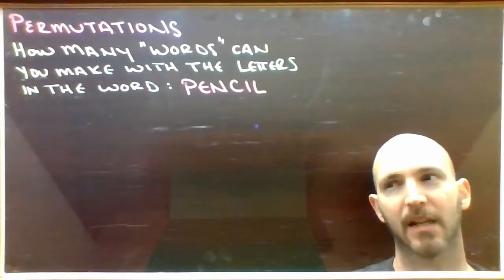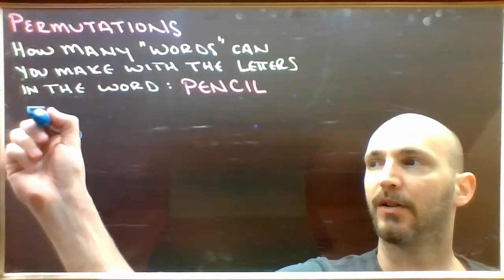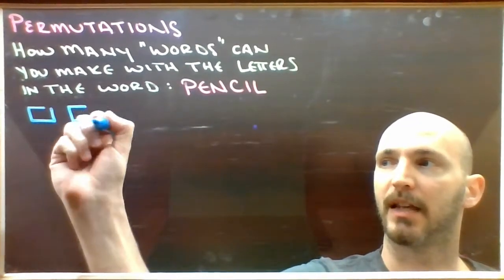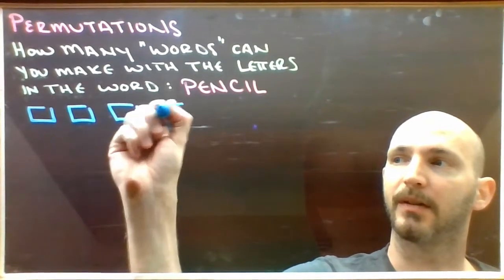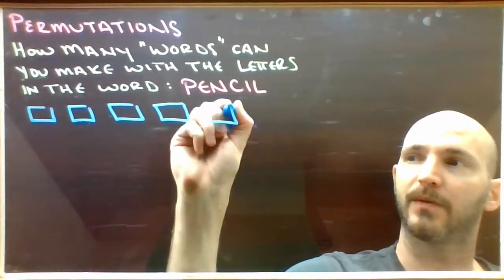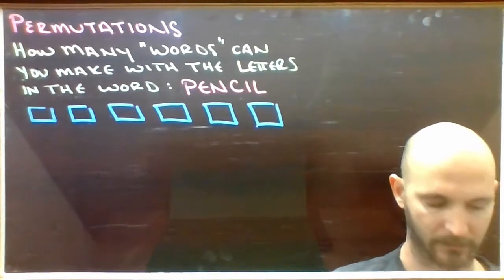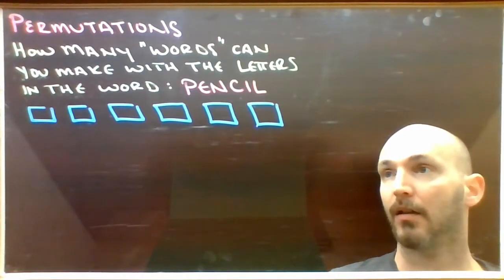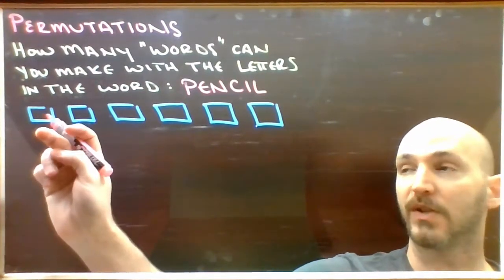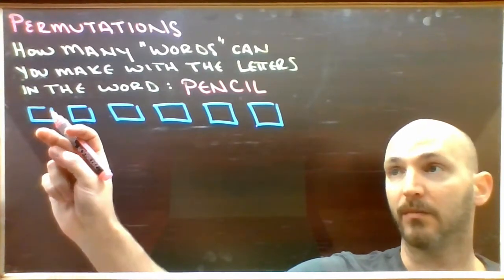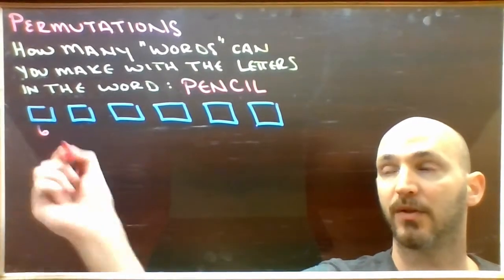So if you were to set up your diagram, you're going to have to pick the first letter, then the second, then the third, then the fourth, then the fifth, then the sixth. When you go to choose your first letter, you can pick any of them. So there are 6 available for you to choose.